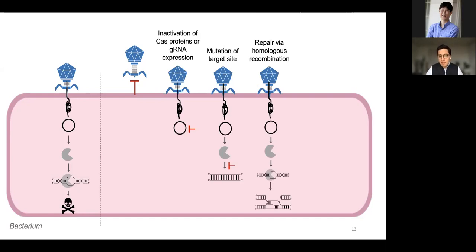And there is also the issue that when you make the double-stranded break, the cell will try to repair that break. This will be a continuous fight between you trying to kill the cell and the cell trying to survive. So we wanted to understand better what the most common mechanisms of resistance were and how we could overcome some of them.